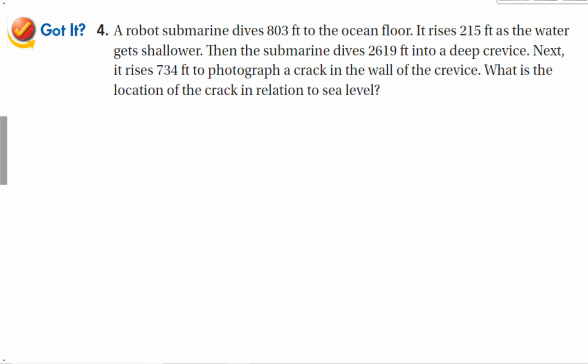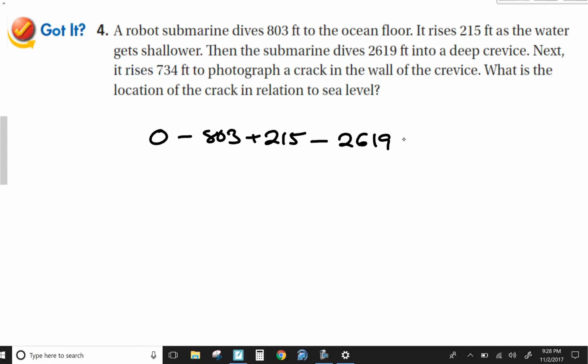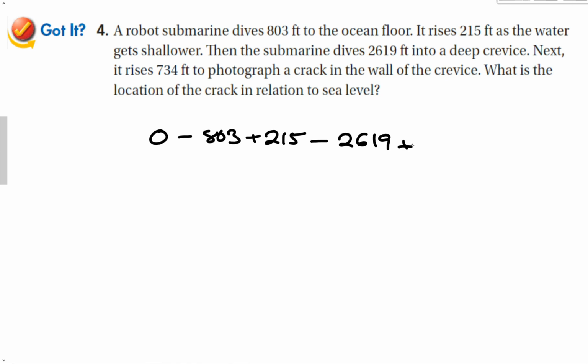Rope out submarine. We're going to start at 0. It's going to dive 803 feet. It's going to rise 215 feet. The submarine then dives nice and deep, 2619, into a deep crevice. Next it rises plus 734 to photograph a crack in the wall of the crevice. Okay, so what's the location of the crack in relation to sea level?